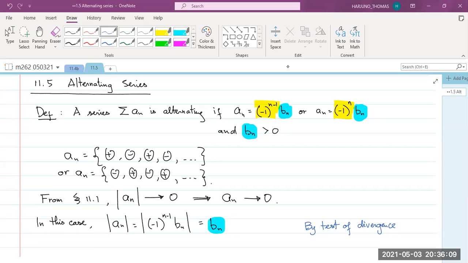Right? Okay. The idea behind this A sub n, B sub n here: A sub n is alternating, but we try to isolate the positive part of that alternating terms. See, so B sub n is actually the absolute value of the sequence. Now, by test of divergence, we learn something.